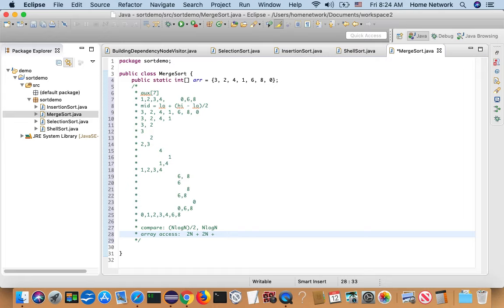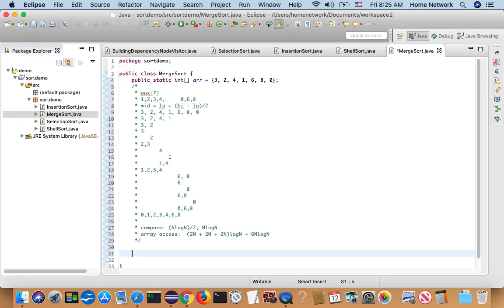So again, comparison needs 2n array accesses. This is the total array access for each merge. We have logN levels in total, so we got 6n logN array accesses. That's the cost.